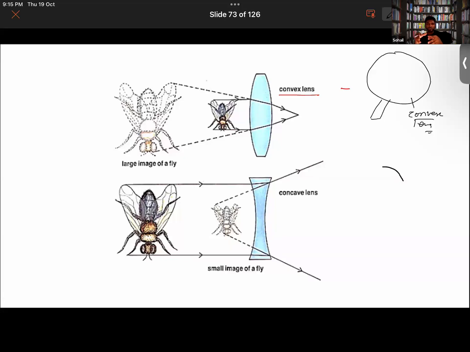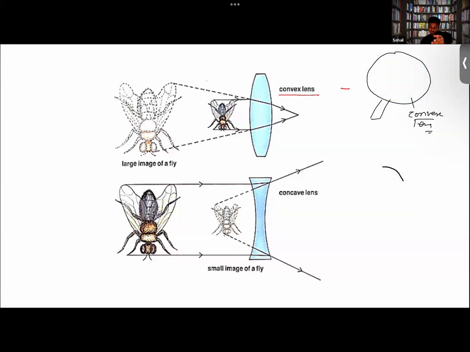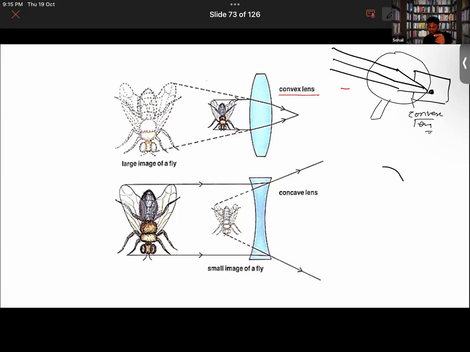Here also the condition applies. If you view an object at a very large distance, for example the image of the sun formed using a convex lens, that is real because it can be obtained on a piece of paper. Whenever you place a magnifying glass over a sheet of paper in sunlight, you get a bright spot and the paper starts to burn.